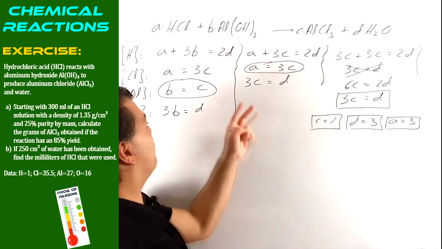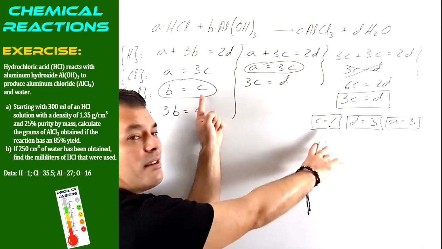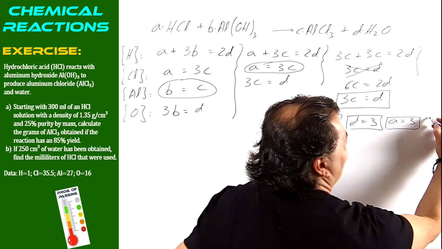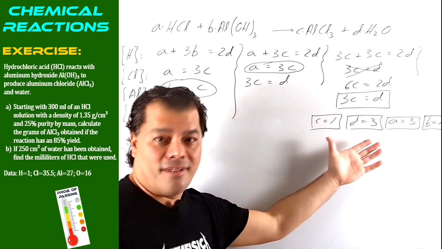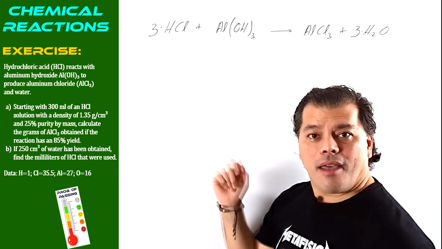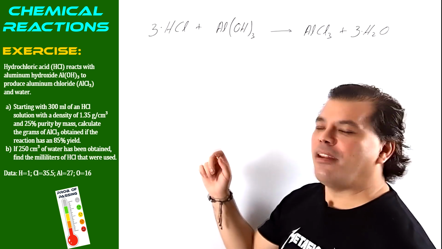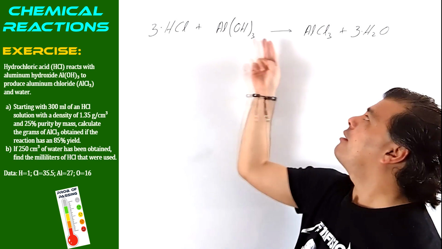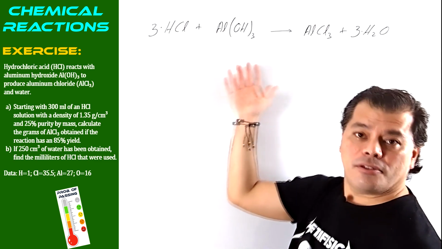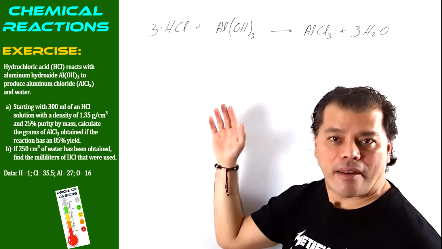And finally, B equals C, B equals 1. And here we have the stoichiometric coefficients. Easy, right? I've erased the previous calculations, but I've placed the stoichiometric coefficients in their correct places: 3, 1, 1, 3. And you can check that the equation is correctly balanced.